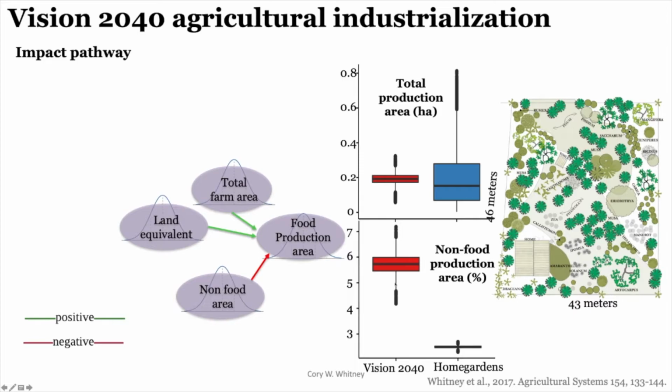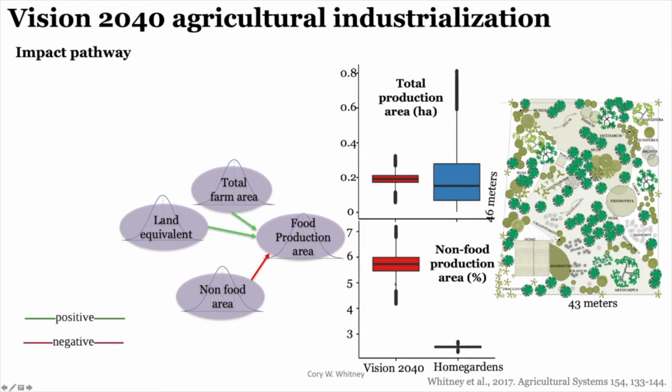Regarding food production area, we had some data from the field. This is a typical farm, so the dimensions and composition, and also how much of the area is taken up by various crops. This is a sort of generic, standard smallholder farm today.